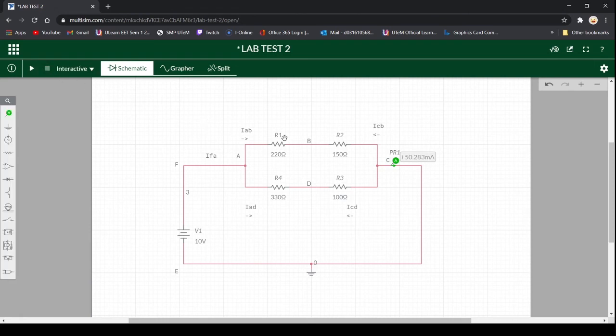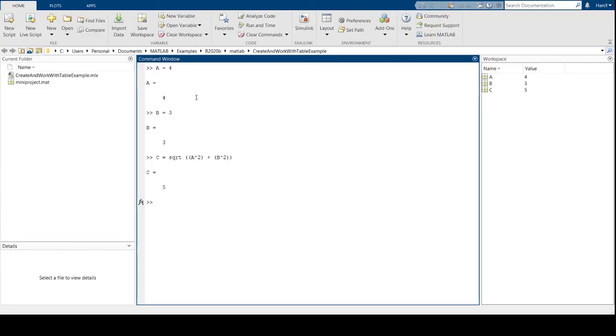And finally, the current for D. Current for D is 23.256 milliamperes.